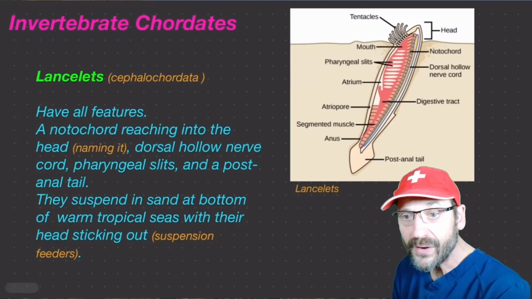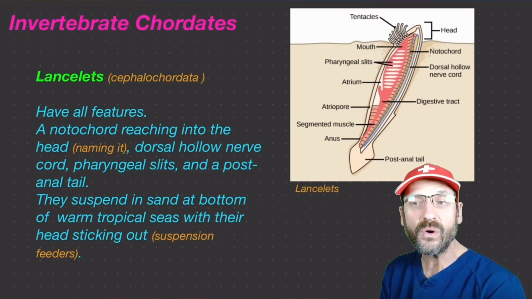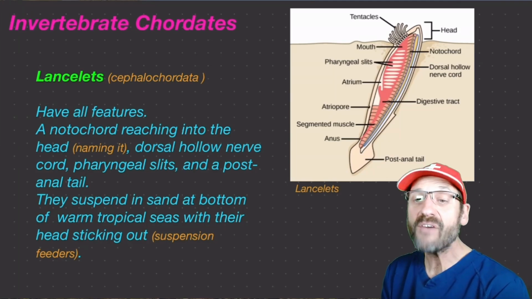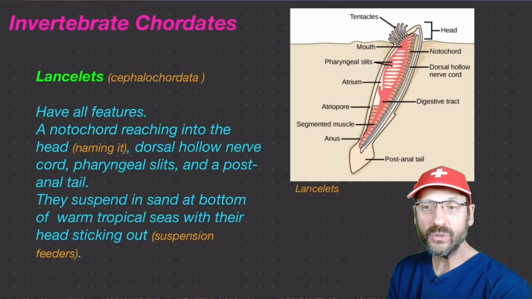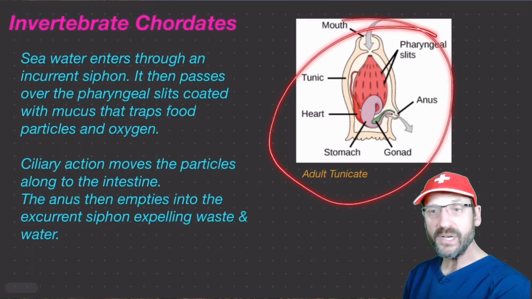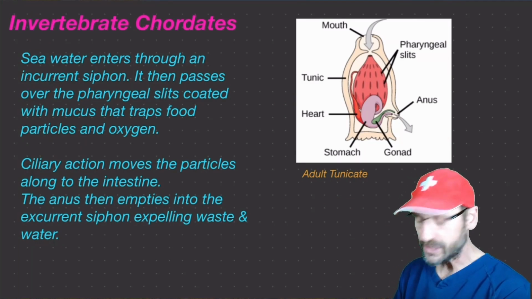And then the other one we have are the lancelets, and these are the cephalochordates. They have all the features through their life cycle. They don't lose them. As we've seen here, in this stage we're pretty much losing all the features except for the pharyngeal slits.